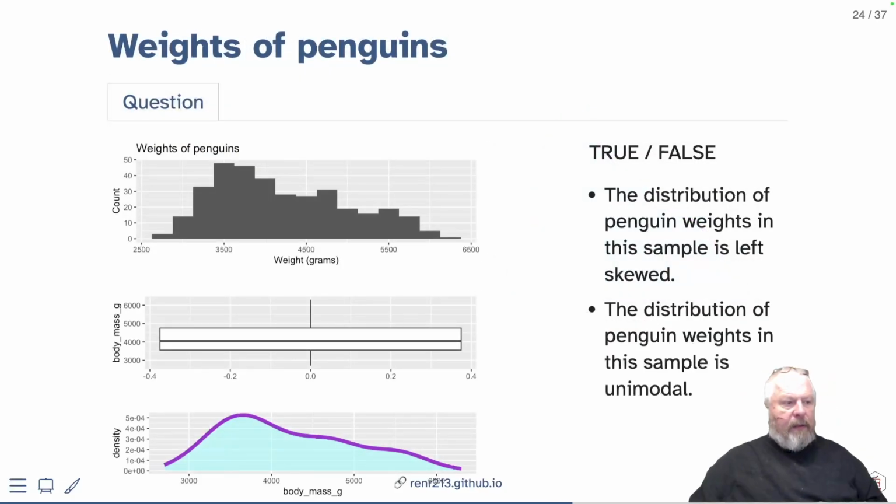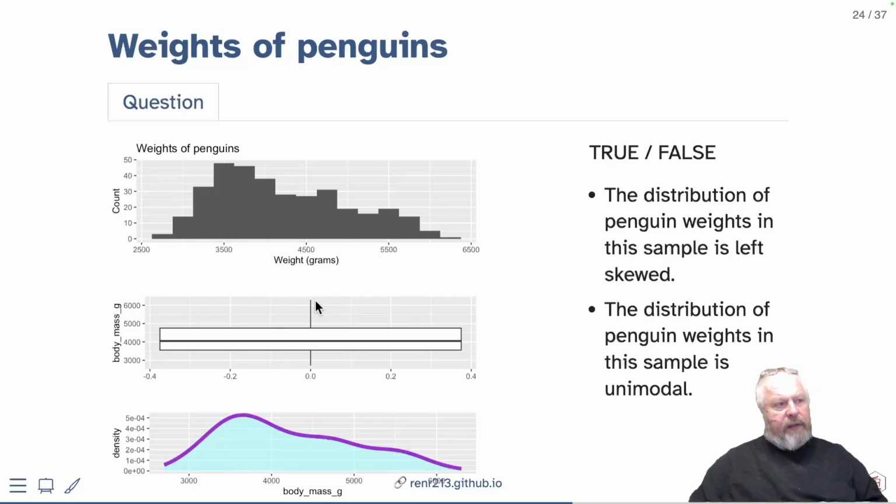And you can take a look at this in a few different ways. So in this case, the distribution of the penguins is right skewed because the large tail is off to the right. It's pretty obvious here and here and also here because of the wider interquartile distance here than there, and also the length of the whiskers.